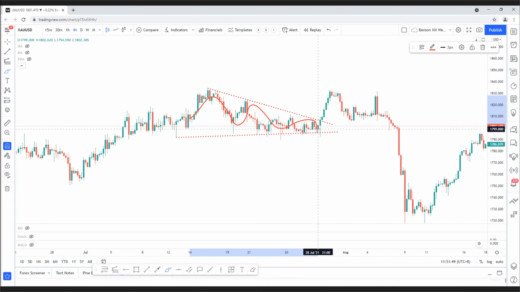Then at the end of the triangle, it broke up to the upside. But shortly after, it failed. You see over here there is a consolidation, but it failed, then came down again.